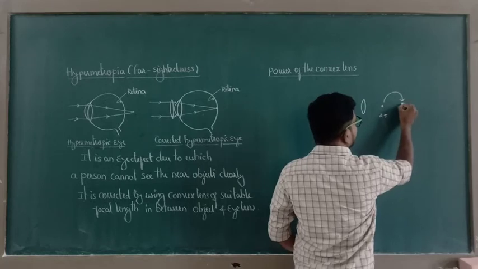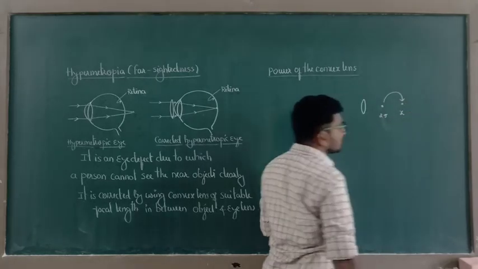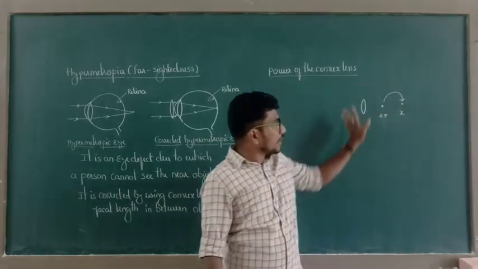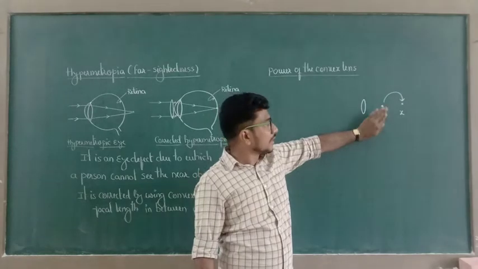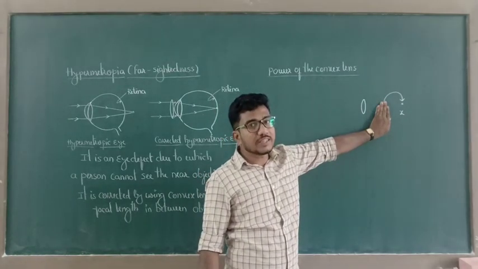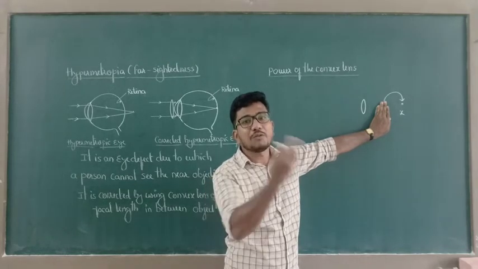Let us say this point be X. Now this is hypermetropic eye. In case of this hypermetropic eye, near point is at X. That means this near point is shifted away from the eye.